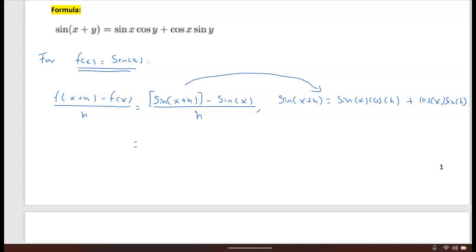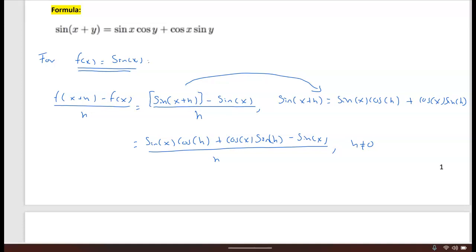This is equivalent to sine of x cosine of h plus cosine of x sine of h minus sine of x, all under h. We're assuming, of course, that h cannot equal 0 since we are looking at some sort of a distance.